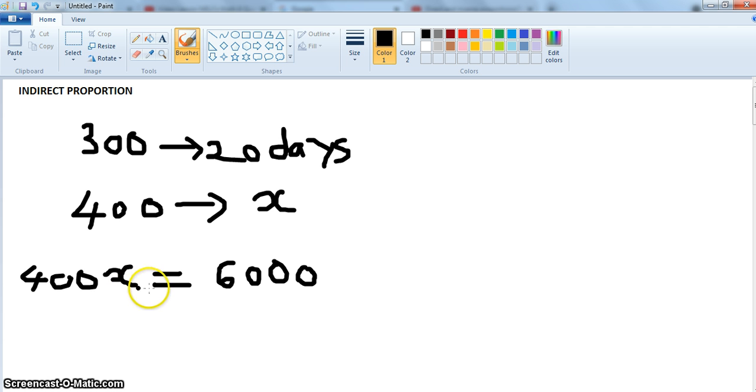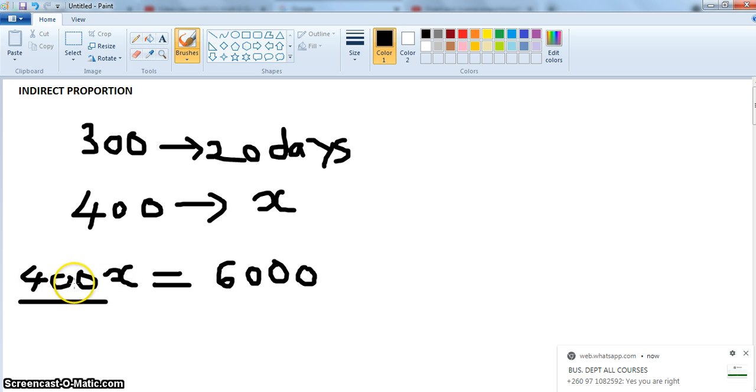So remember, on one side of the equation, if there is an x or a letter which you don't know, you want to find what is the value for that. You divide the number which is with that variable, you divide it on both sides.